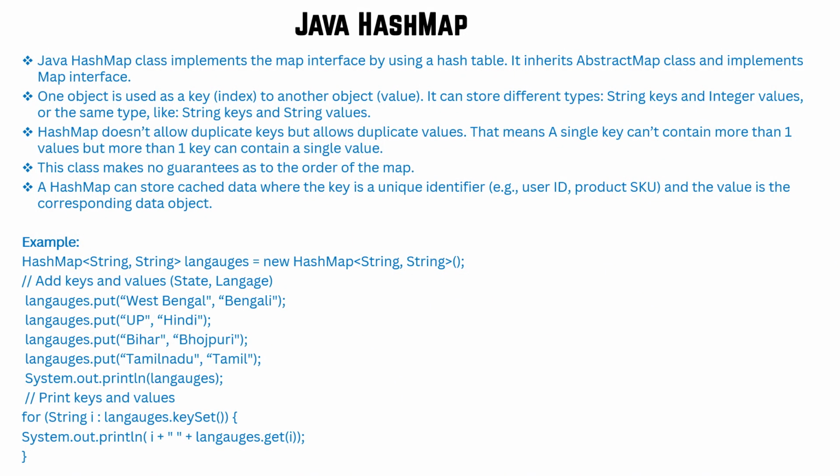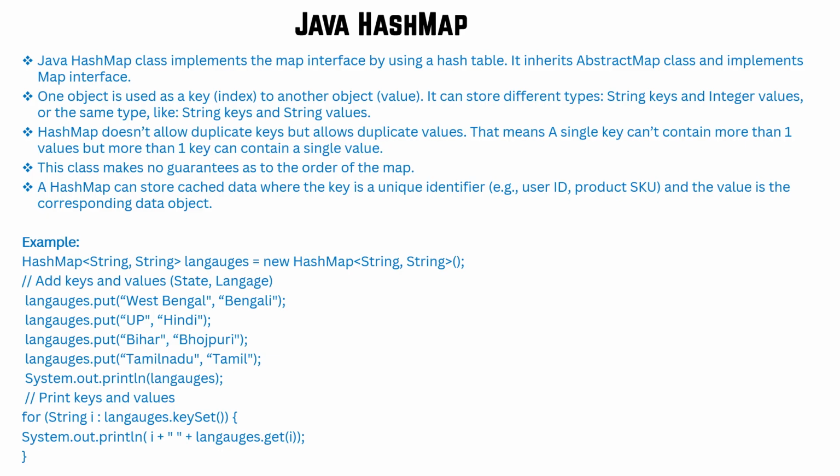It can store different types, like string keys and integer values, or the same type like string keys and string values, or integer key, string value, integer value as well. HashMap does not allow duplicate keys, but allows duplicate values. That means a single key cannot contain more than one value, but more than one key can contain a single value. This class makes no guarantee as to the order of the map.